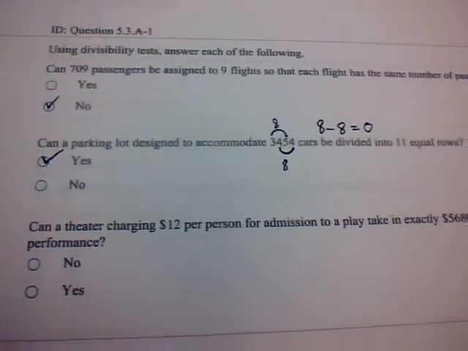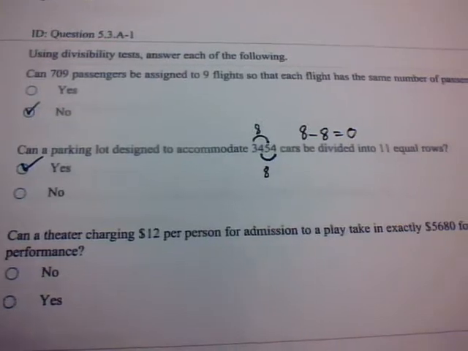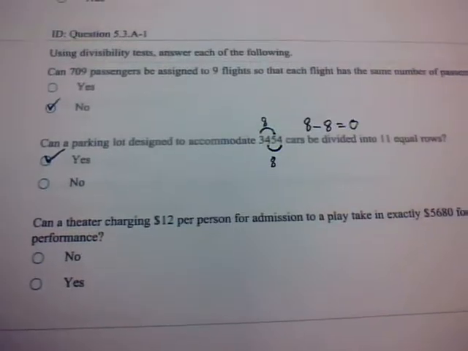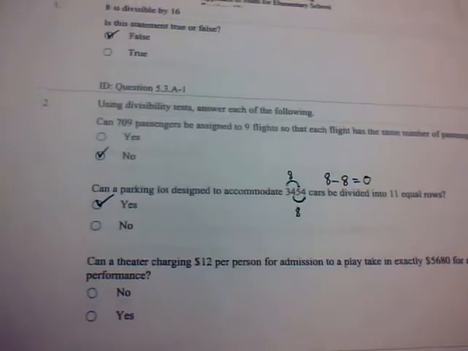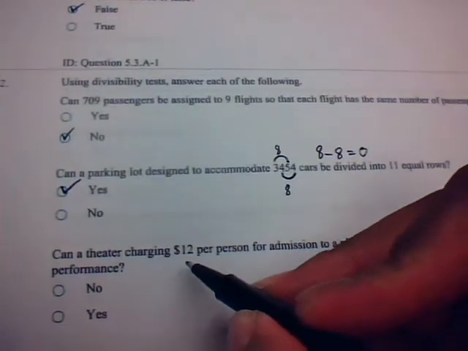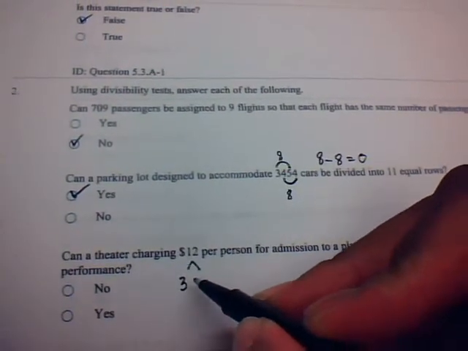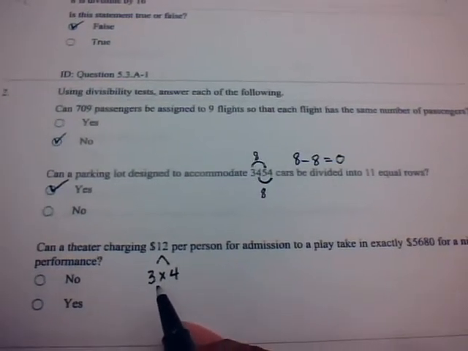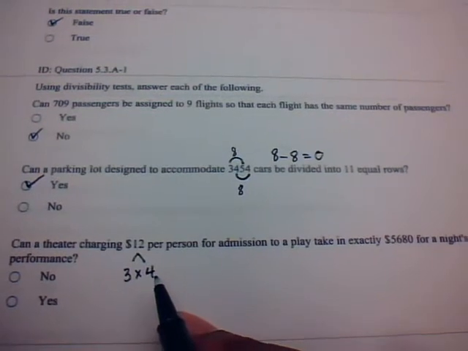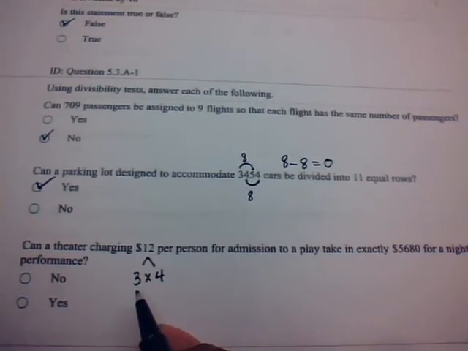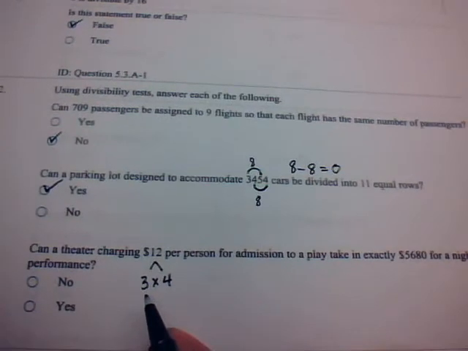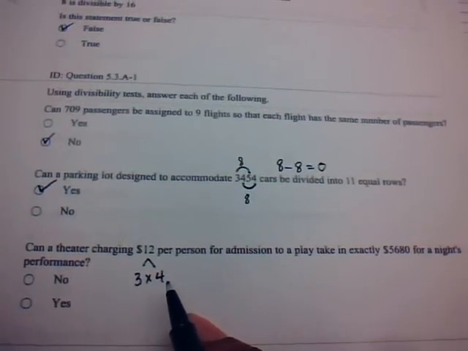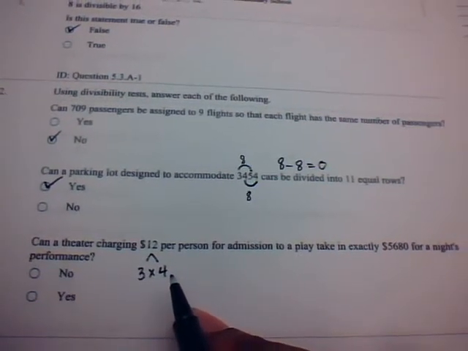All right, this next problem, can a theater charging $12 per person for admission to a play take in exactly $5,680 for a night's performance? Well, there's no divisibility rule for 12, but I know this. 12 can be broken up into 3 times 4. And I know there are divisibility rules for 3 and for 4. For 3, the sum of the digits in 5,680 must be divisible by 3. And for 4, the last 2 digits in 5,680 must be divisible by 4.